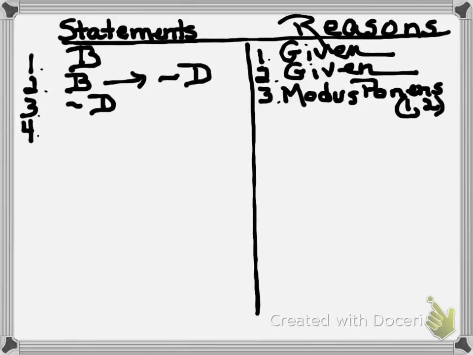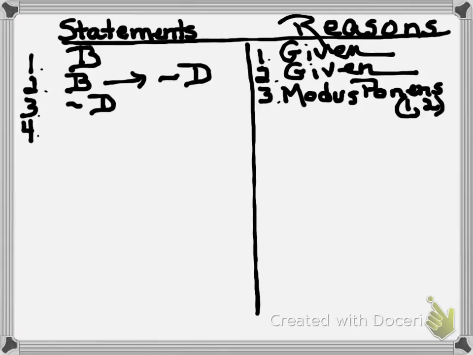Walk through the solution. Not D is true. Everything in our proof are true statements. So since not D is true, D is false. Well, this is a true disjunction. That means that one of the two has to be true. If it is not D that's true, then it must be C that's true.